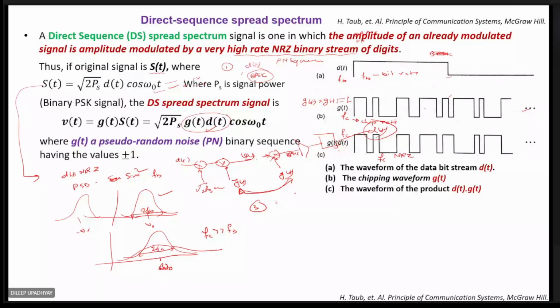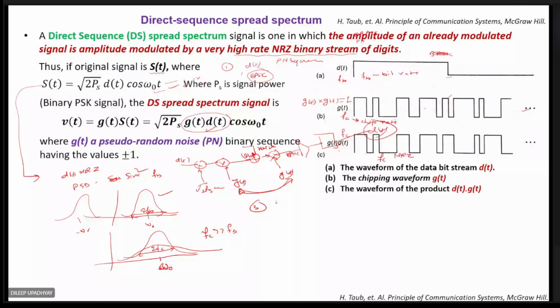If we talk about Gaussian noise or thermal noise, during the transmission thermal noise may be added. Suppose this noise is thermal noise whose power spectral density is eta by 2, then what will happen?